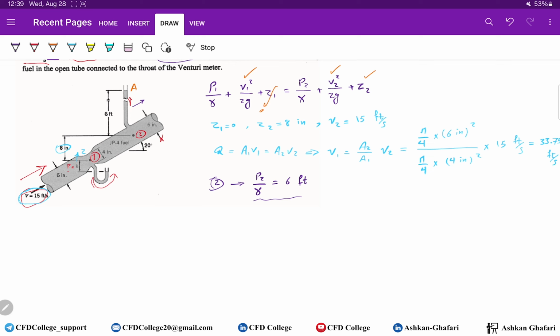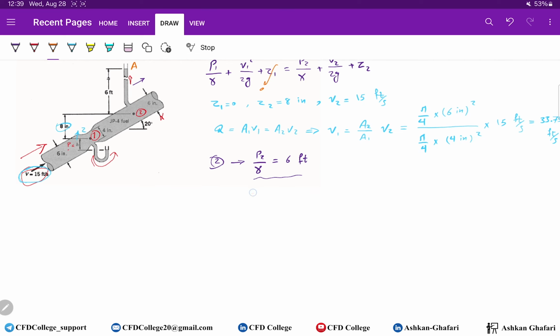Here is point A and here is point 2. Start from point A, PA, and then you have to move downward. So you should add the hydrostatic pressure, 6 feet times gamma, and you reach point 2, which equals P2.